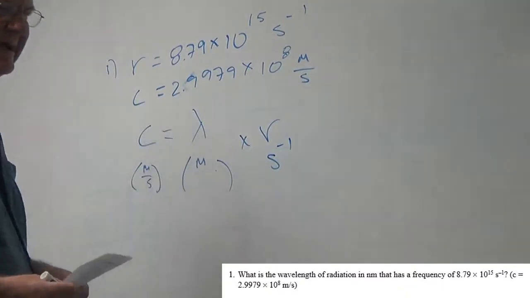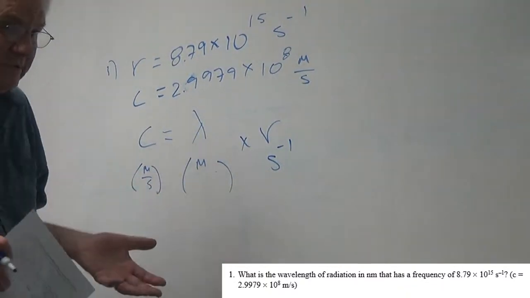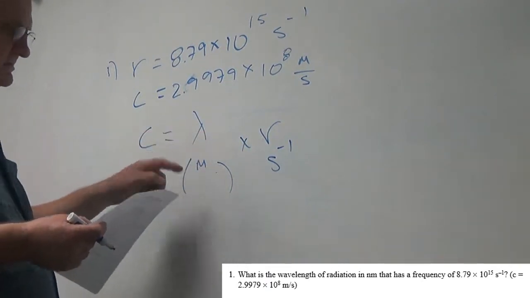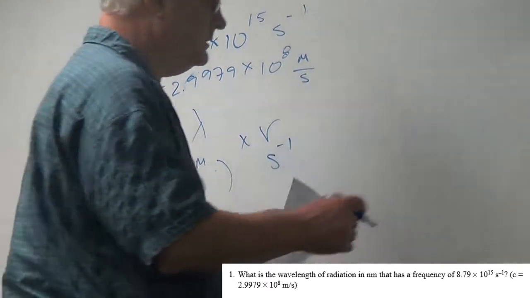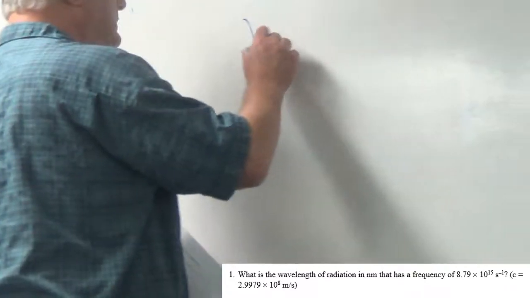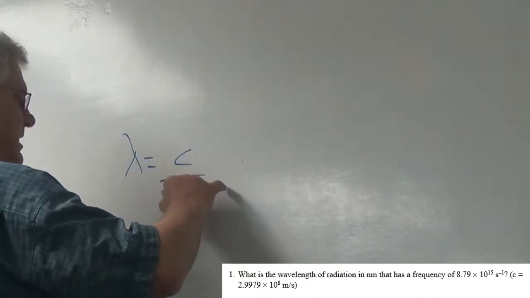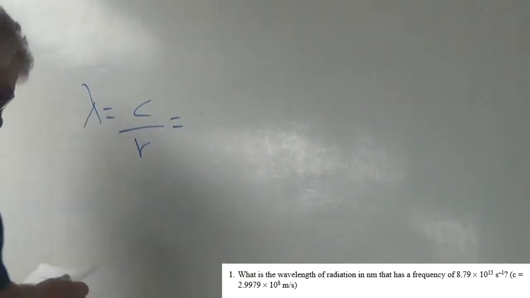But you do need to be conscientious, even though it's a simple equation, you have to be conscientious of units. So if you rearrange this, of course, lambda is going to equal the speed of light over the frequency. That's what the problem's asking for.